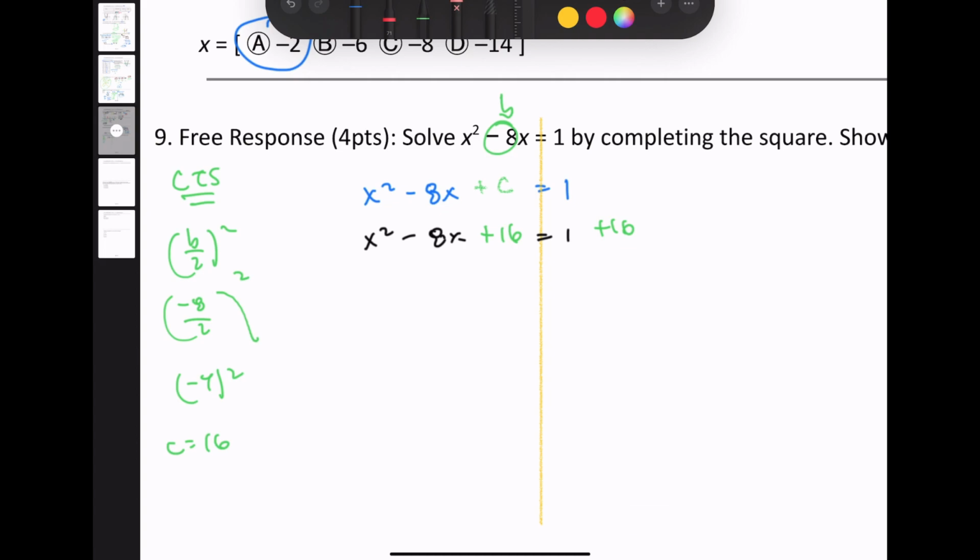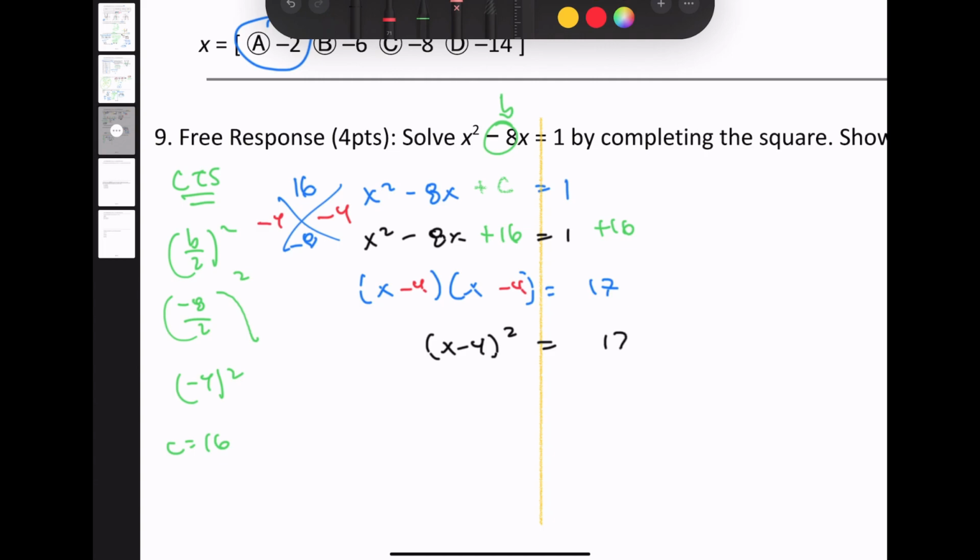And I can just factor that. A times C now is 16. My B value is negative 8. Those two numbers are negative 4. So negative 4, negative 4. And then I can just solve by the square root property. Put them together, power of 2, quantity 2, square root.